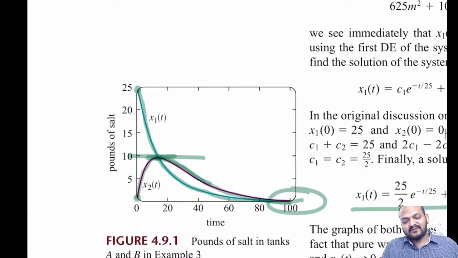And you see here, this tells you that the maximum amount of salt in tank B is 10. So if you're designing some sort of tank for a chemical, now you know the highest level of chemical that is going to be in the tank.